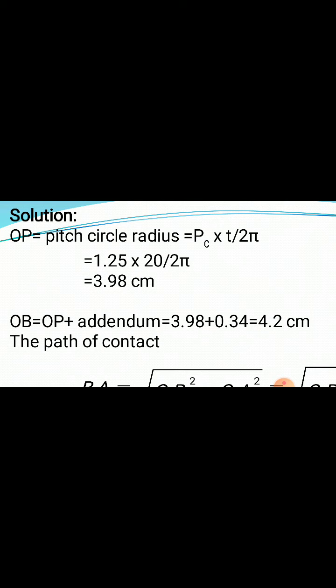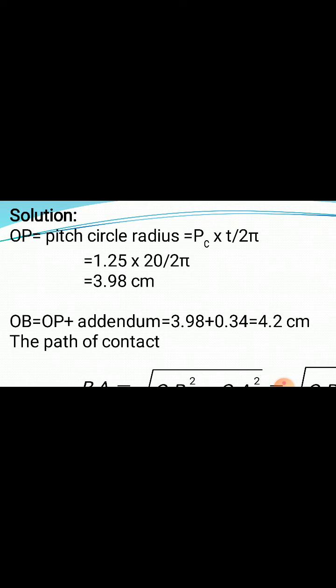Now m we can also find out as Pc by 2 pi. So m is equal to D by T, where D is 2 times the radius, 2 r divided by T. Also Pc is equal to pi m, so m is equal to Pc by pi.